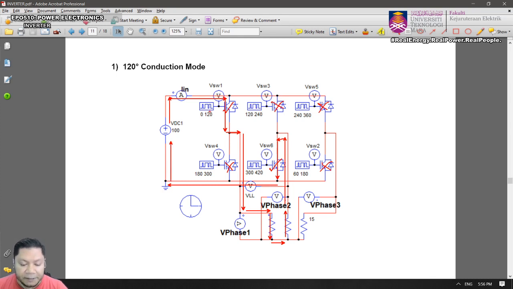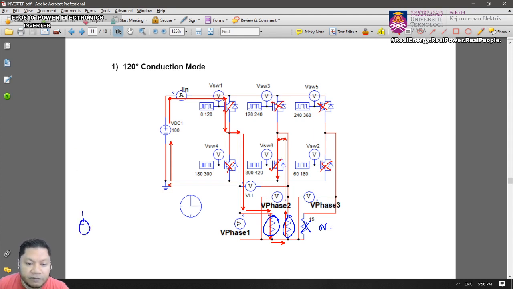So only phase 1 and phase 2 will have a voltage across them, whereas for phase 3 there will be no voltage across the load. Right, so let's draw the equivalent circuit.